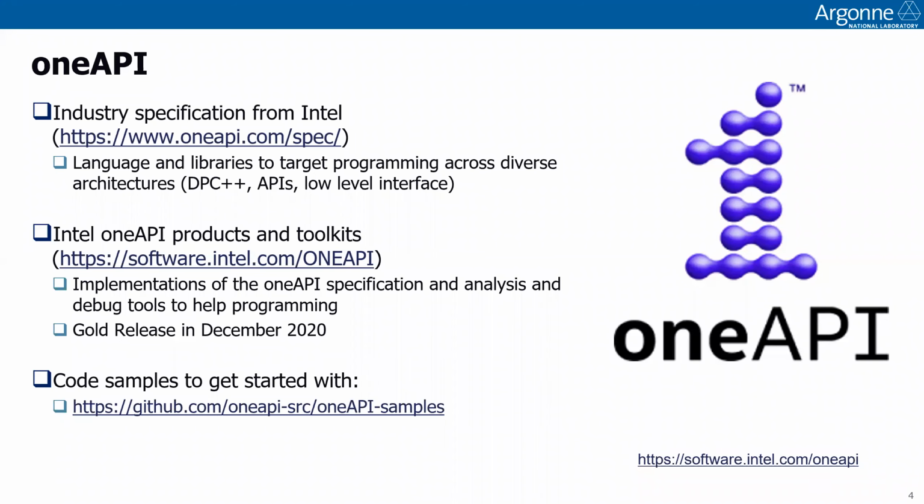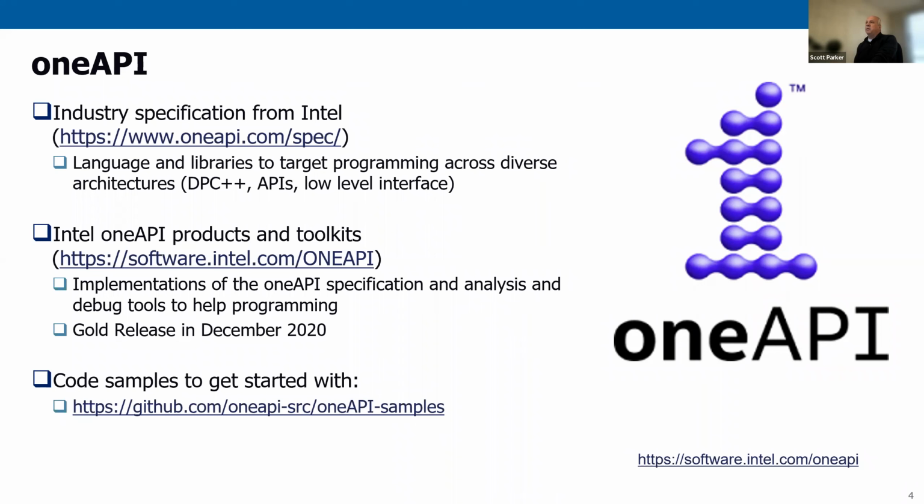So first off, I just wanted to start by introducing oneAPI. oneAPI is sort of a term or a label Intel has introduced in the last couple of years to denote their software stack that runs across CPUs and GPUs and FPGAs.